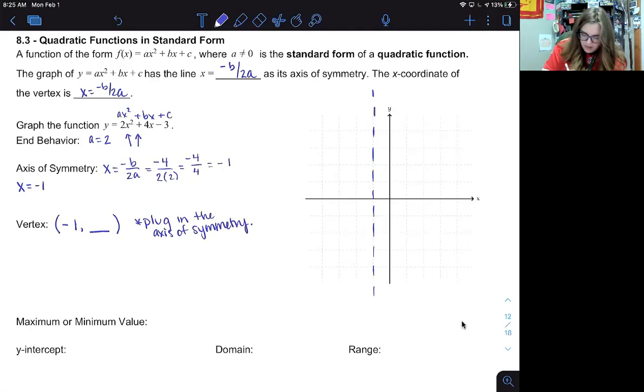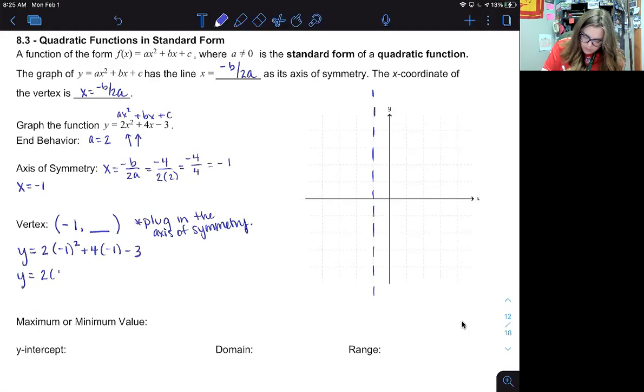Okay, so if we plug that in, we have y equals 2 times negative 1 squared plus 4 times negative 1 minus 3. Negative 1 squared is a positive 1.